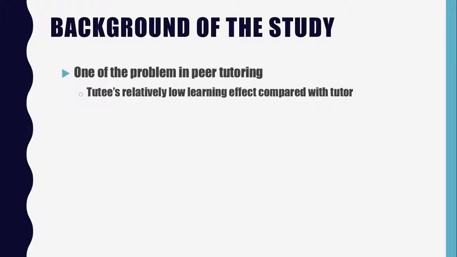So one of the problems in peer tutoring is that tutees show relatively low learning effect compared with the tutors. For example, tutors can reflect their knowledge by learning and by the teaching activities, but relatively tutees just follow the tutor's lead.